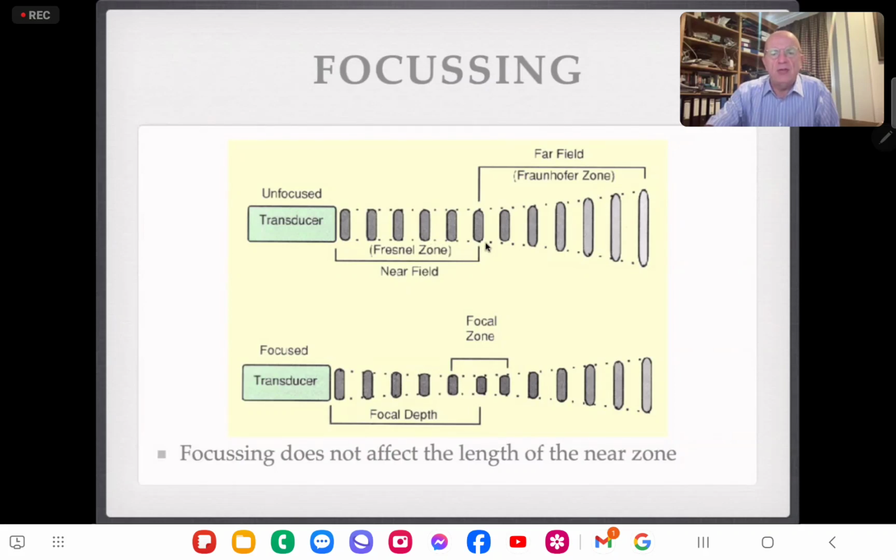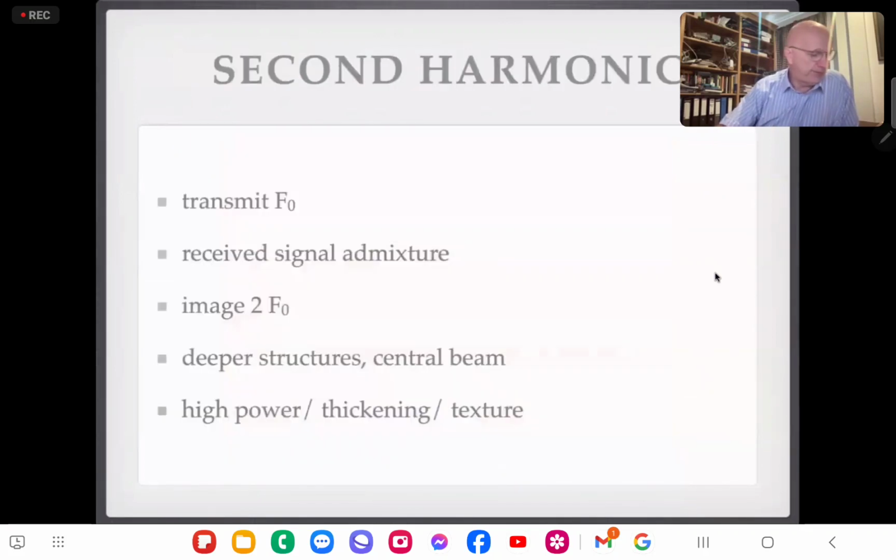Once you get outside the near field, whatever you try and do, the beam gets wider. It spreads out, a bit like diffraction. So the narrowest point of the beam happens at the focal depth. The focal depth has to be within the near field. You just need to know those words, and we'll talk tomorrow in some of the questions about how you focus a beam from a phased array probe.